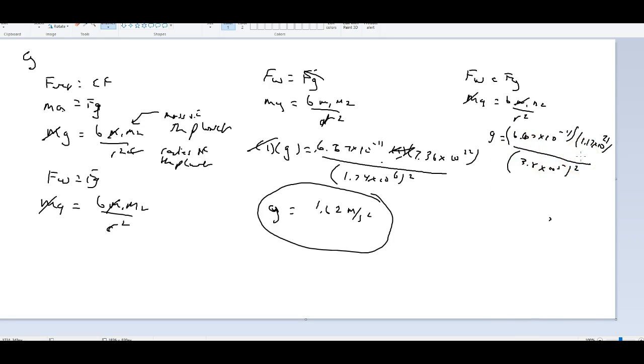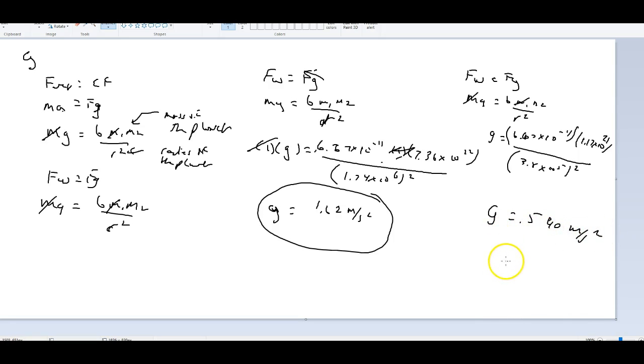So I get out my handy dandy calculator. I go 6.67 exponent negative 11th times 1.17 exponent 21st divided by 3.8 exponent 5 squared, and I get the acceleration of gravity on Ceres, one of the biggest asteroids there are, would be a whopping 0.540 meters per second squared.